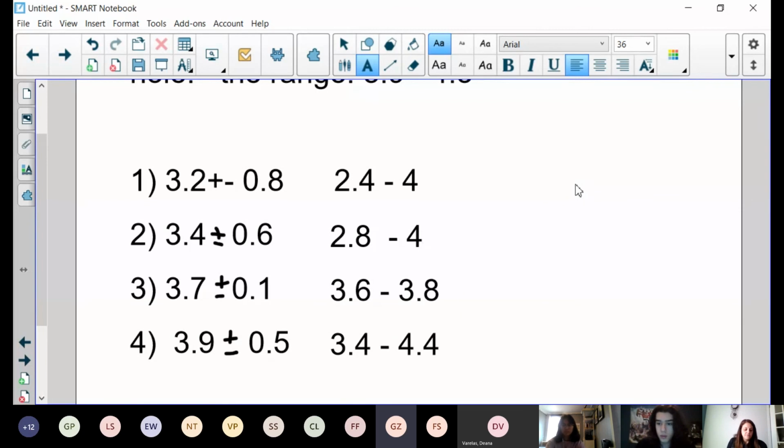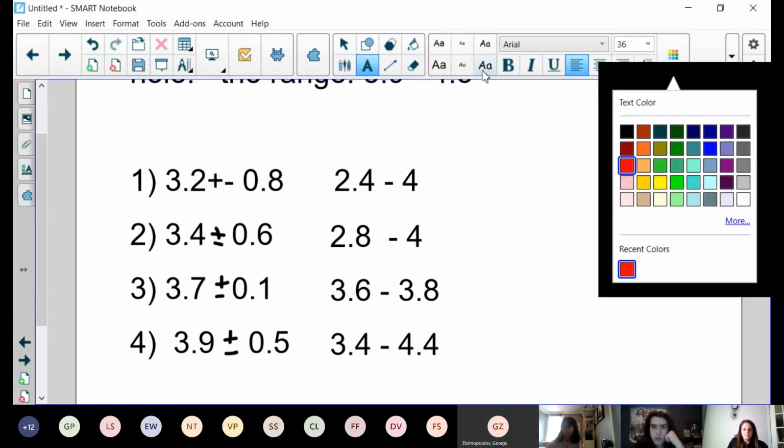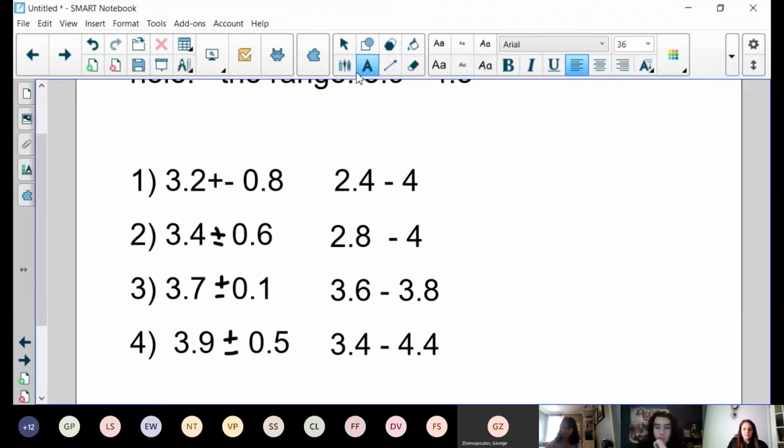The third one. Yep. Good. 3. Is that George? Yeah. So why? That's very good. Excellent. Well, because first, it can't be under 3.4, so 3.6 is over 3.4. And what else?